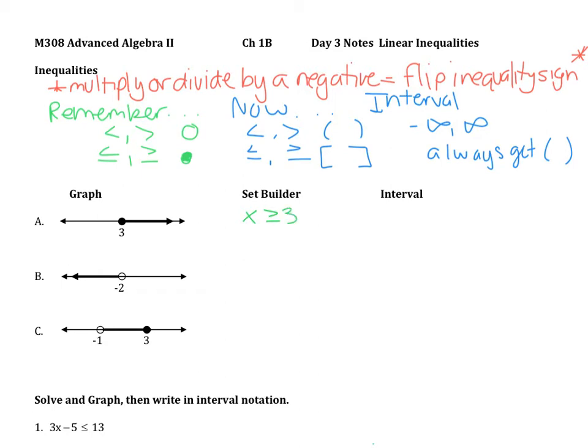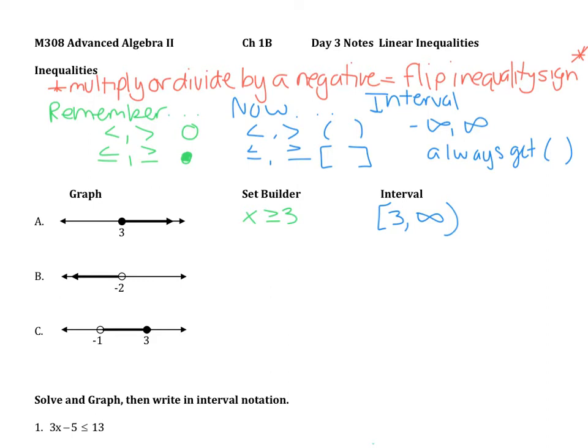Now, the way that you would write that is you're starting at 3 with a closed dot, so you're going to start with a bracket, and it's going all the way out to the right forever, which would be to infinity. And infinity, like I was saying, is always going to get parentheses, so you're going to close it with a parenthesis.